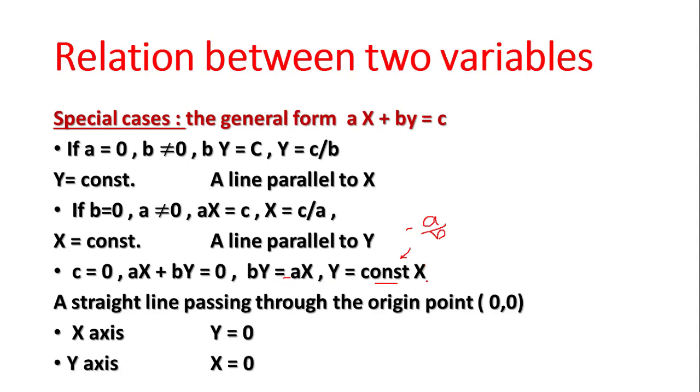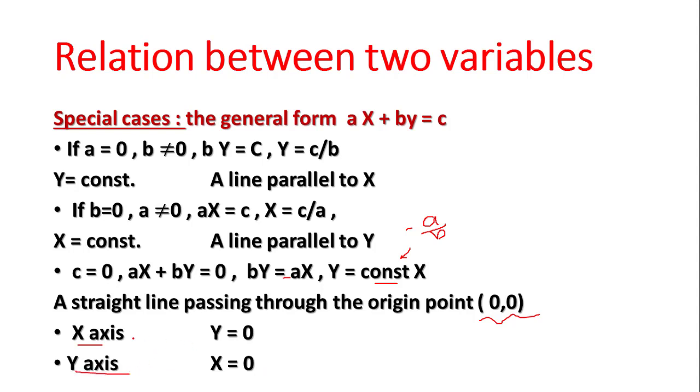If y equals a constant times x, in this case the straight line passes through the origin, which is the point 0 and 0. If this constant is 0, in this case the equation is y equals 0. Y equals 0 is the equation of the x-axis. X equals 0 is the equation of the y-axis.